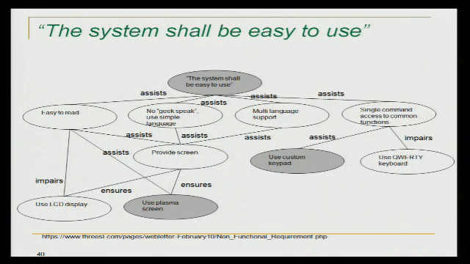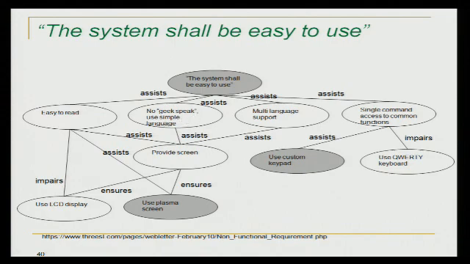And then what you can do is you could begin to map out a way of achieving a certain goal based on those constraints. So for example, let's go back to the system shall be easy to use. Using this requirements graph, that would be at the top node. Now, what would assist a system being easy to use? Well, it can be easy to read. No geek speak, that would make it easier to use, right?